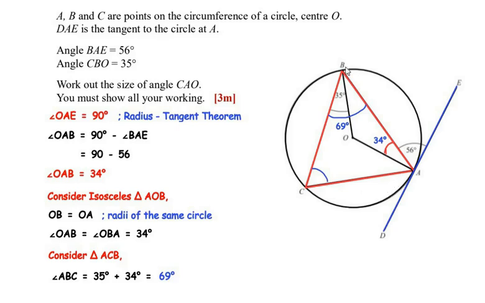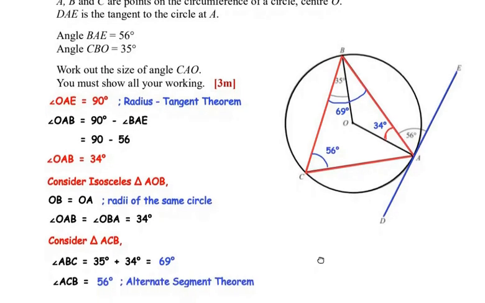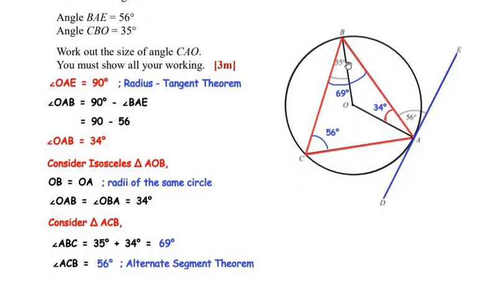Now we can see that this chord AB makes an angle of 56 degrees with the tangent in the minor segment. So the same chord is going to make an angle at point C in the major segment. So this 56 degrees will also be equal to angle C. So angle ACB will be equal to 56 degrees. So here we have written angle ACB will be equal to 56 degrees, that is by alternate segment theorem.